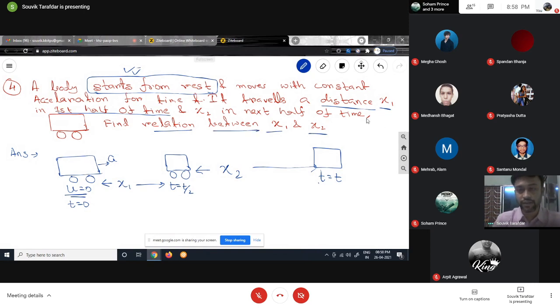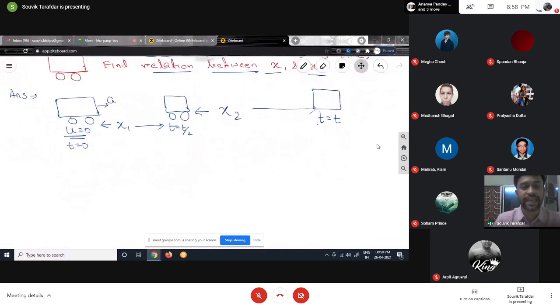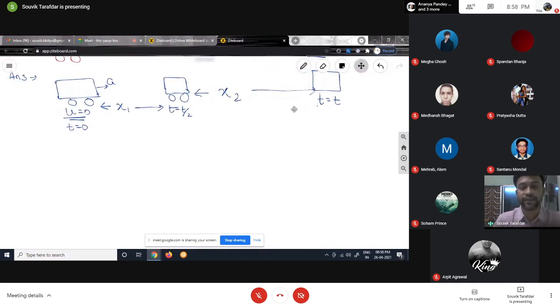Okay, students. So this is the first. We need to understand the question very clearly. I have drawn in such a way that we can get all the information from here only. See, the initial velocity was 0. Then it started with an acceleration. It actually moved for t time. Then first half t by 2, it went x1 distance. Second half time, it went x2 distance.